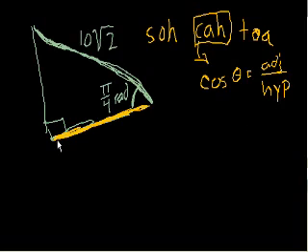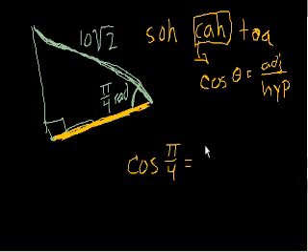So let's use this information to try to solve for this orange side or this yellow side. So we know that cosine of pi over 4 radians, so let's say cosine of pi over 4, must equal this adjacent side right here. Let's just call that A for adjacent. The adjacent side divided by the hypotenuse. The hypotenuse is this side, and in the problem we were given that it's 10 square roots of 2.